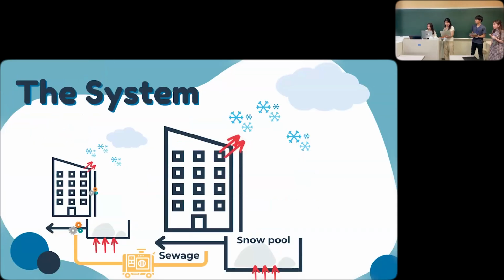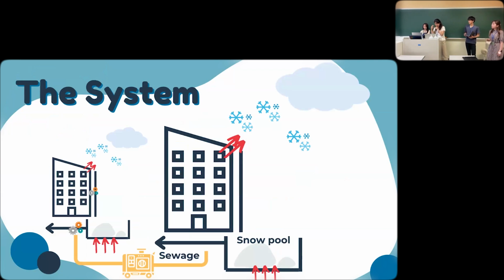So this is the system that we came up with. First we catch the snow there and melt it using the waste heat, which the red arrow shows, from the building.